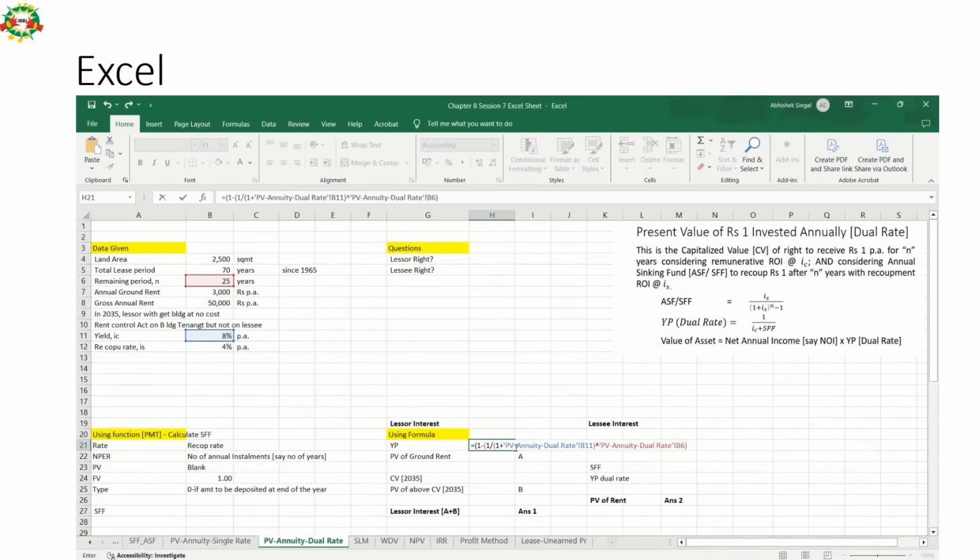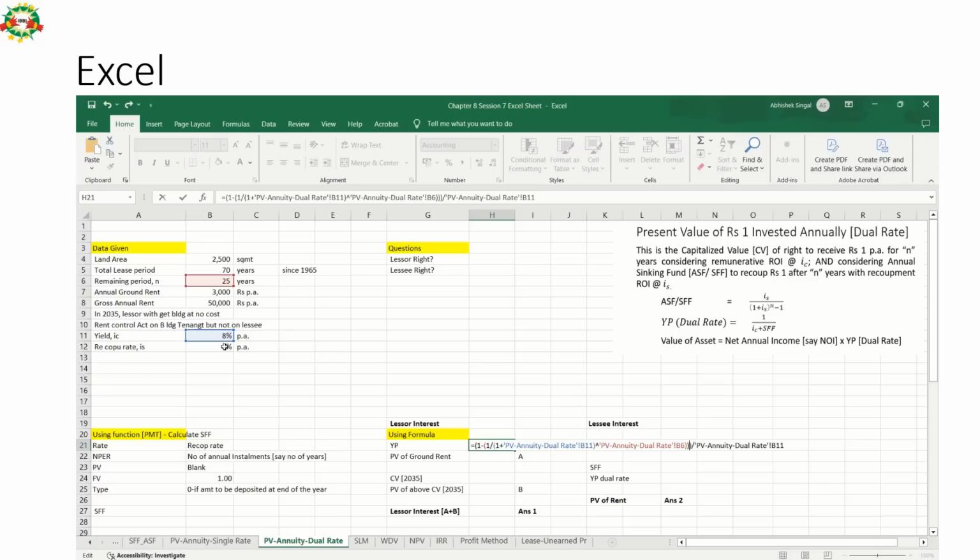So 1 divided by 1 plus PV divided by IC. Okay, so let's double check.